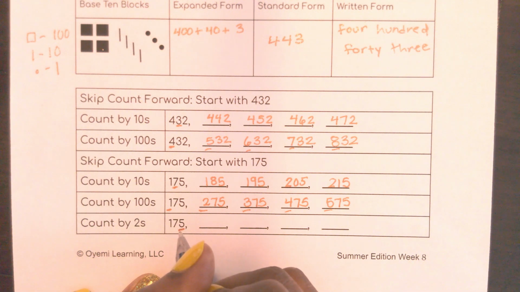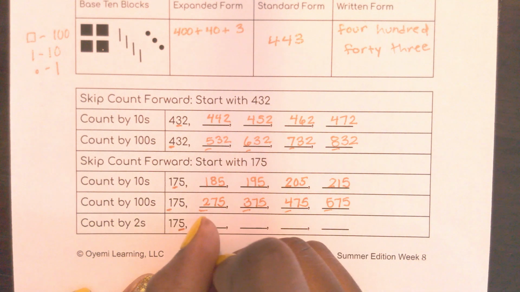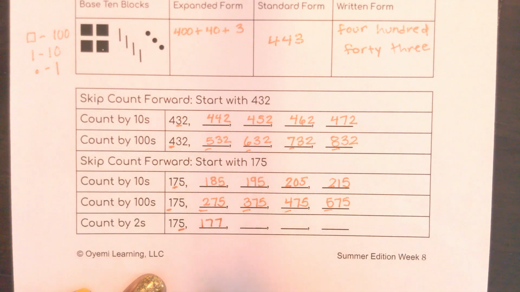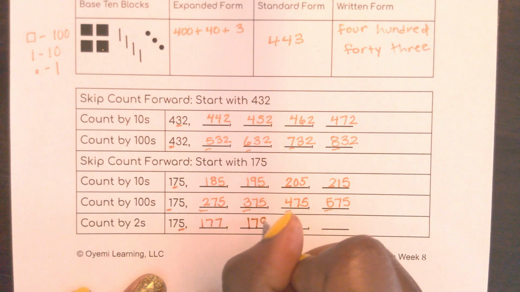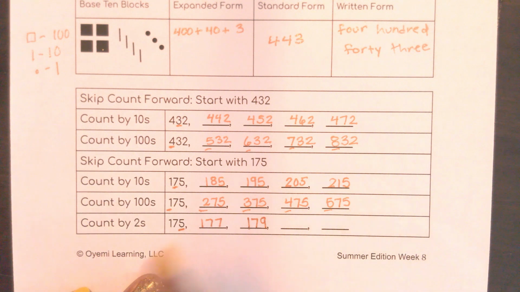If I counted 2 more, that 5 would become a 7. 177. Because I'm just adding 2 to this 175. So if I added 2 more again, I would have 179. So 5, 2 more, I would have 7, 2 more, I would have 9.